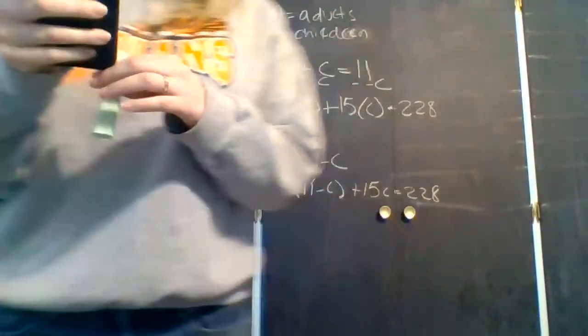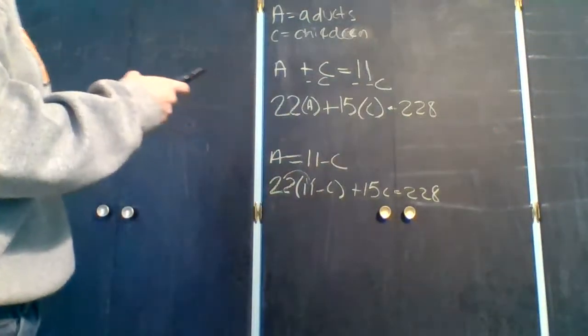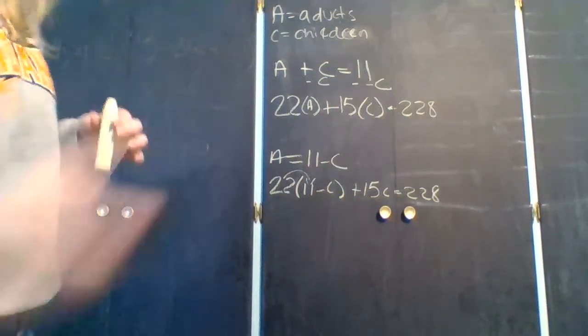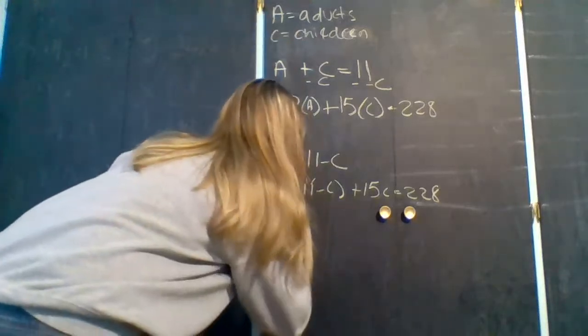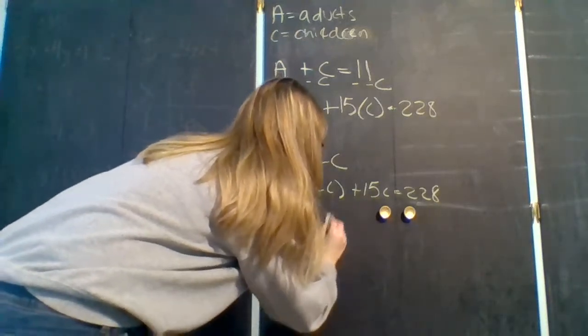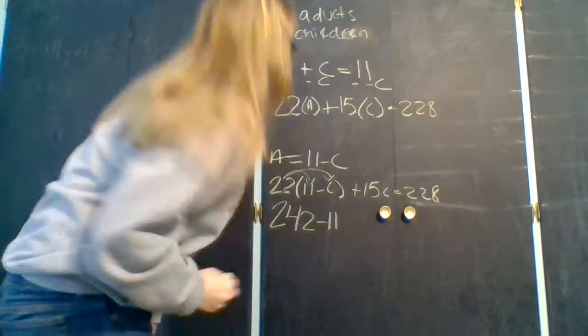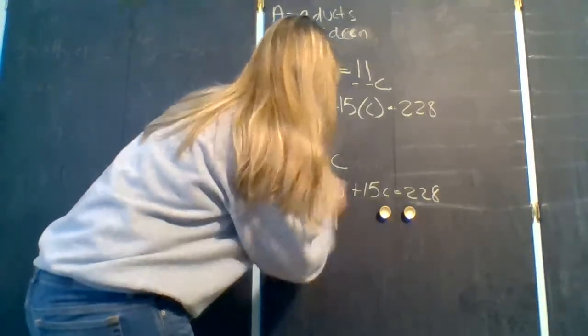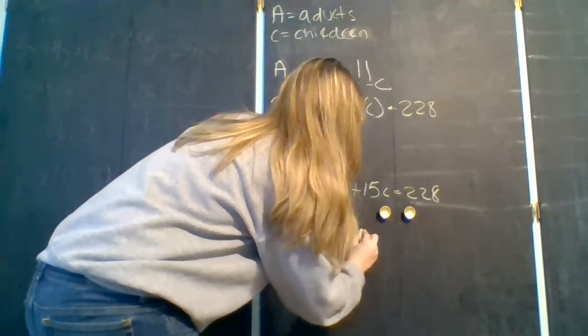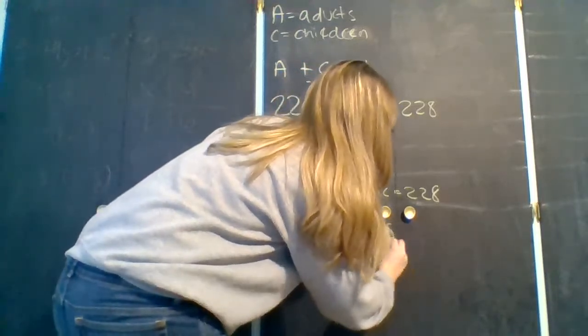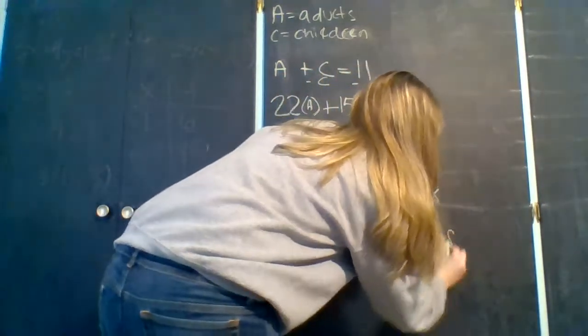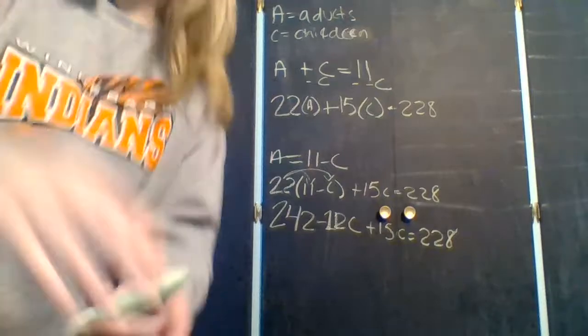You can hear my dogs barking too. 22 times 11 equals 242 minus, and then distributing here, minus 22C plus 15C equals 228.